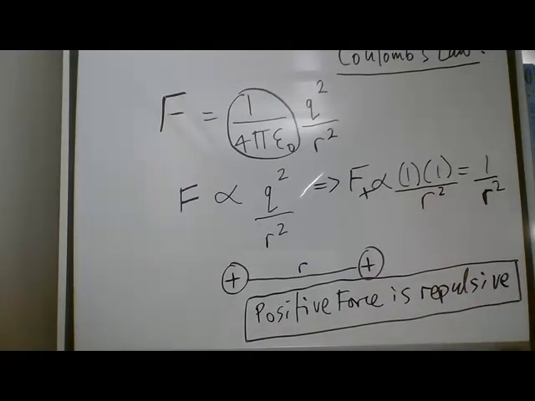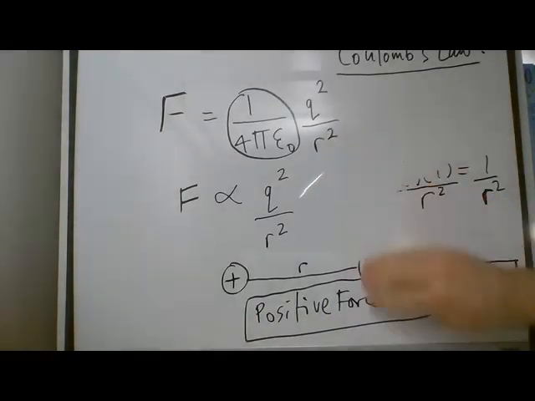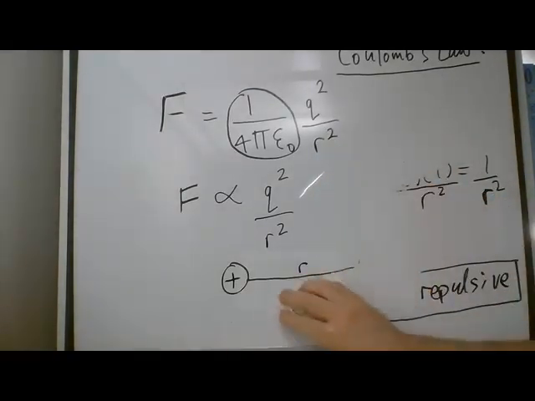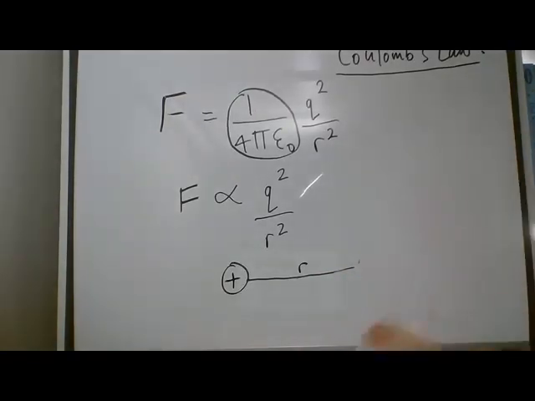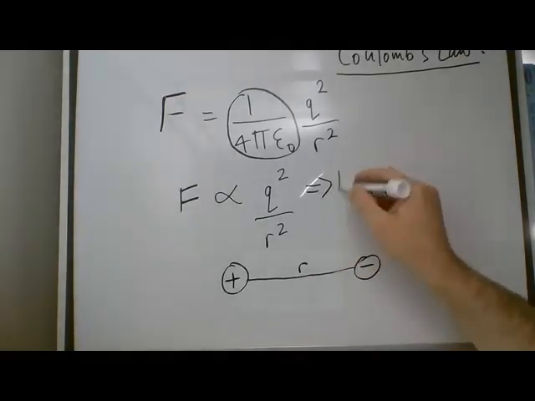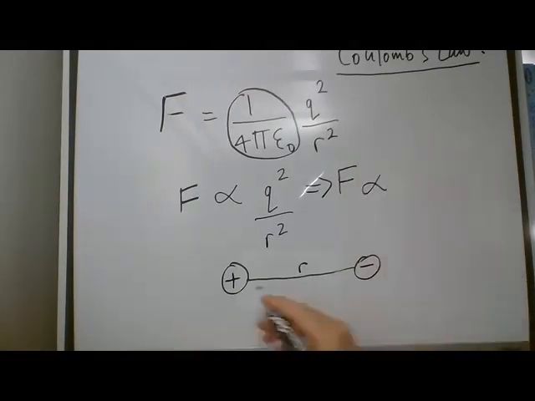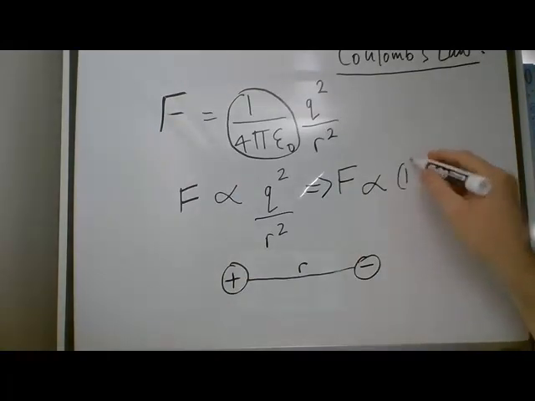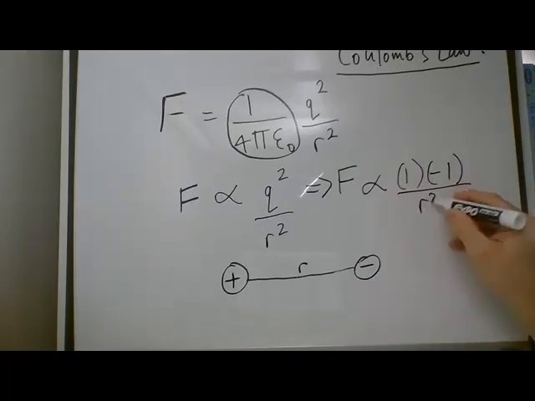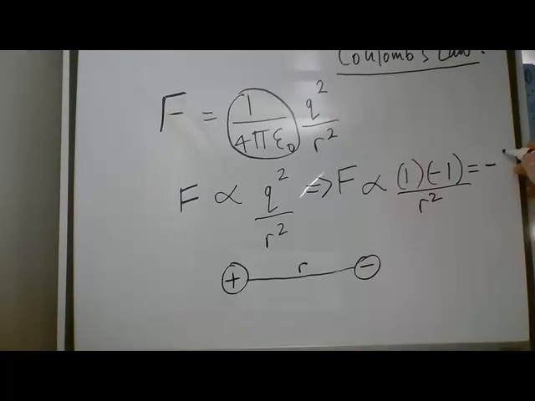However, if we had a positive and a negative charge, so let's say we had a negative charge here, then the force would be proportional to a plus charge and a negative charge over r squared. So this is going to be negative 1 over r squared.